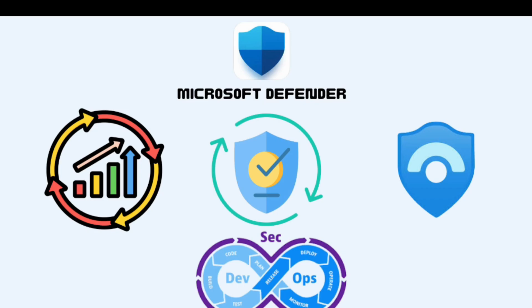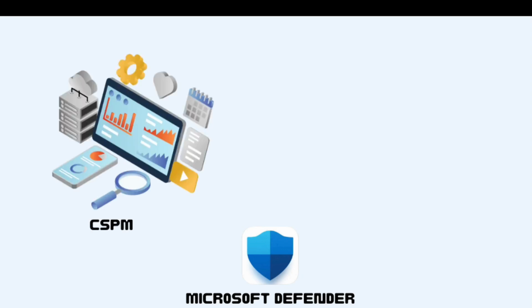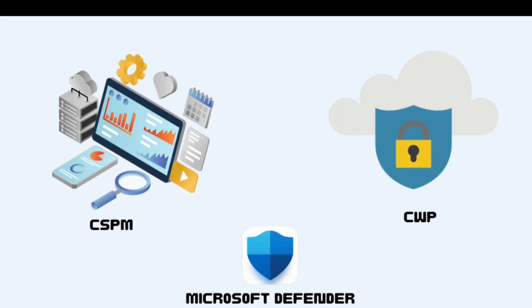Let's understand how Defender works. Now, Defender performs a continuous security assessment on your cloud or on-prem resources via its Cloud Security Posture Management, also called as CSPM. It's similar to a security guard circling your building to check the security posture of your building. It provides security alerts using Cloud Workload Protection or CWP, powered by Microsoft's Threat Intelligence.